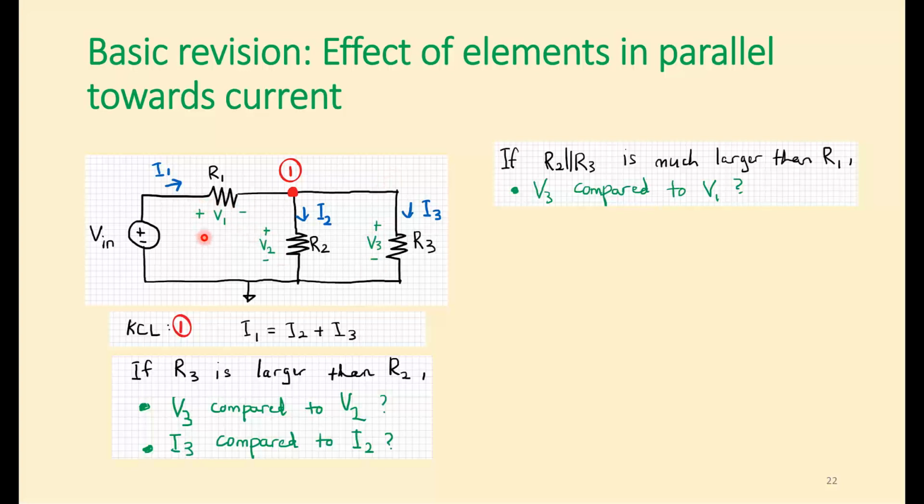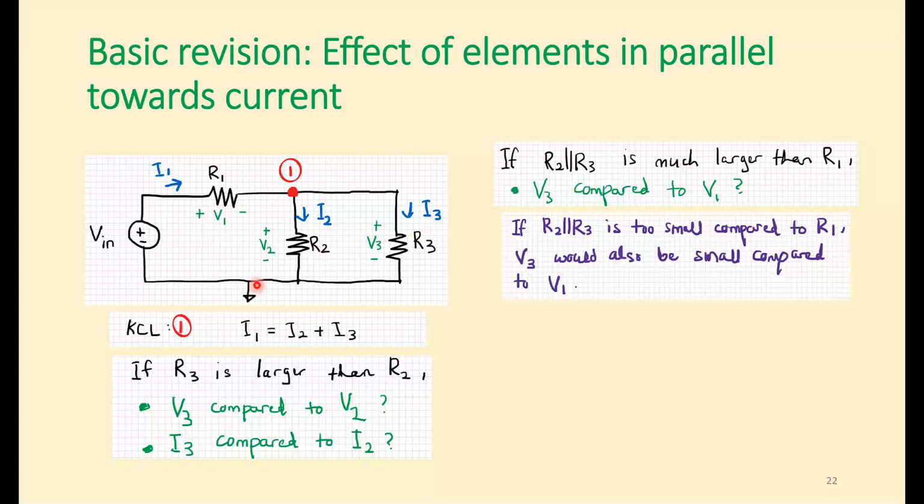If R1 is small, because the current through this circuit is going to be the same, if I is maintained the same, the voltage drop across R1 is also small compared to the voltage drop across R2 and R3. So if R2 and R3 are much larger than R1, V3 is also much larger than V1.